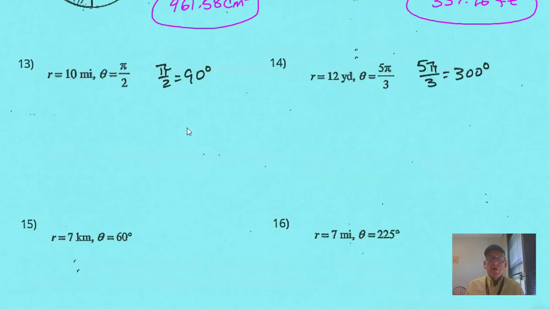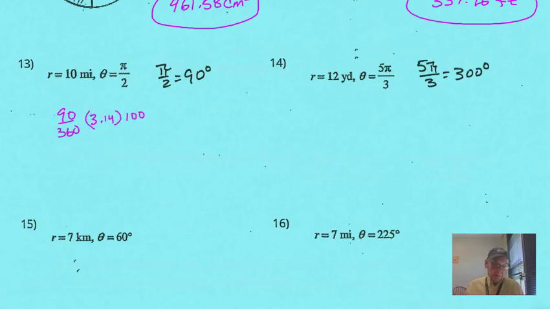Let's look at 13. Radius is 10 miles. The theta over 2, or pi over 2 is the same as 90 degrees. So we have a quarter of a circle, 90 over 360, times pi times r squared, and r is 10, so that's going to be times 100.